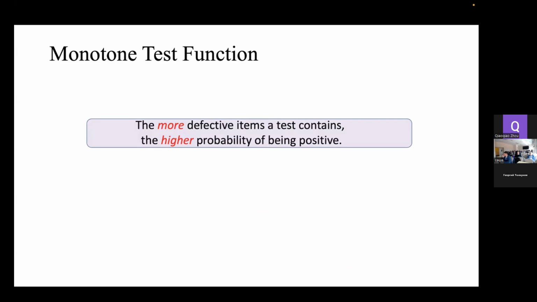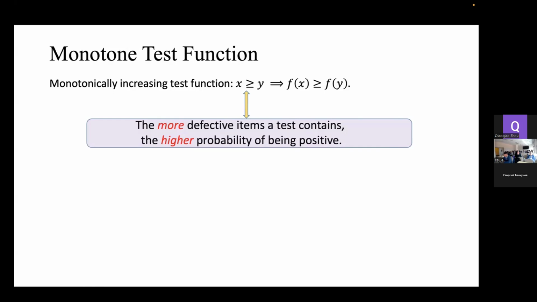First, the principle we found is that the more defective items or test contents, the higher the probability of being positive, right? This is a reasonable assumption. What does this mean? This translates into mathematics: it means that your test function is a monotone function.